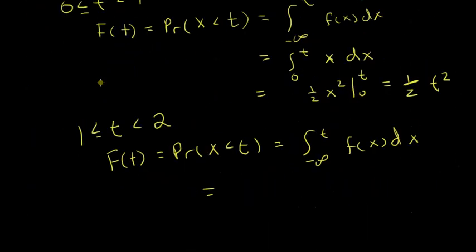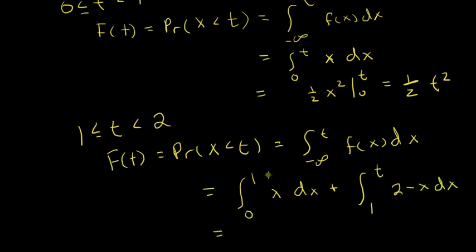So the first thing I'll need to do is integrate from 0 to 1. -infinity to 0 is just 0. Then 0 to 1 of x dx, and then from 1 to whatever value t is of 2 minus x dx.